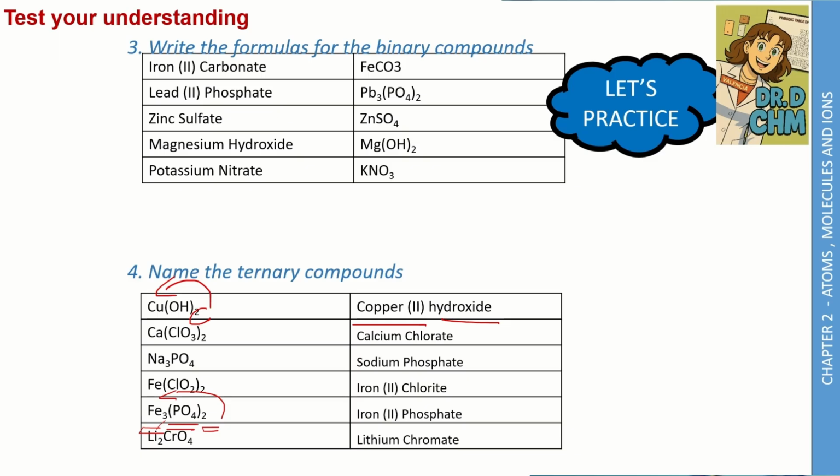Okay, it's not hard, but you need to understand and bring in your memory some polyatomic ions. To write down the formula is also easy. So we have potassium, group 1, which is positive 1. Nitrate is a polyatomic ion with a negative charge. So when you cross, you simply have potassium nitrate.